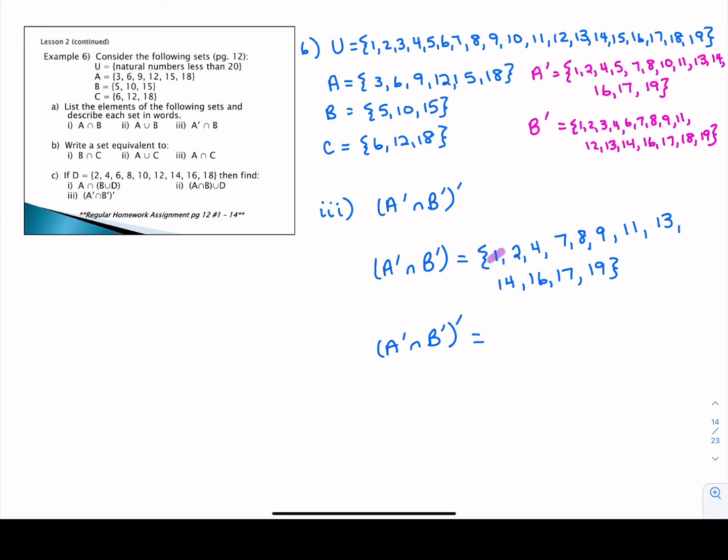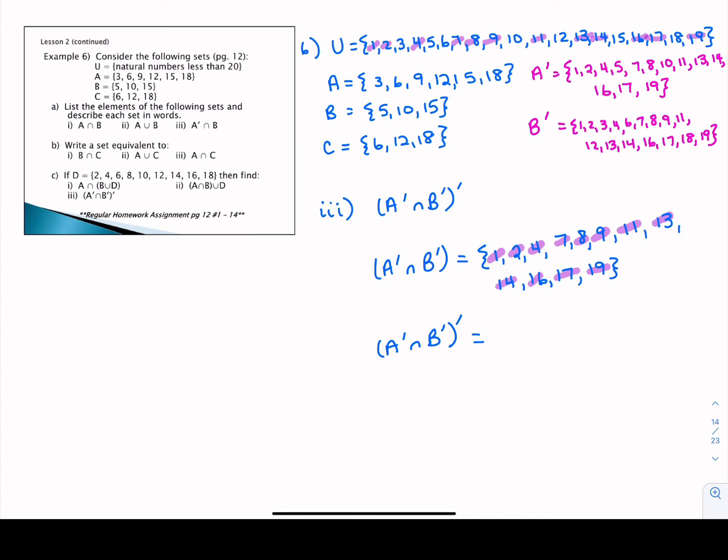1 is part of the universal set, so it's not the complement. 2 is in the universal set. 4 is in the universal set. 7 is in the universal set. 8 is in the universal set. 9 is in the universal set. 11 is in the universal set. 13, 14, 16, 17, and 19.